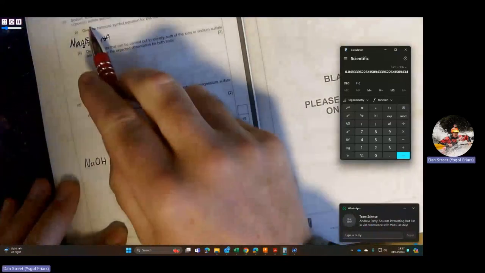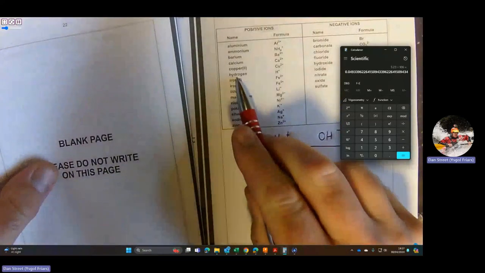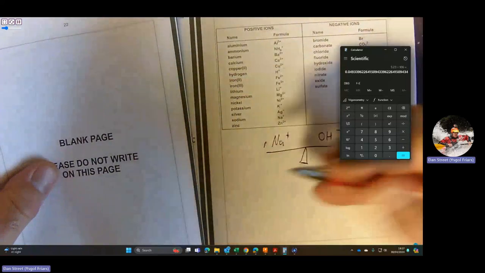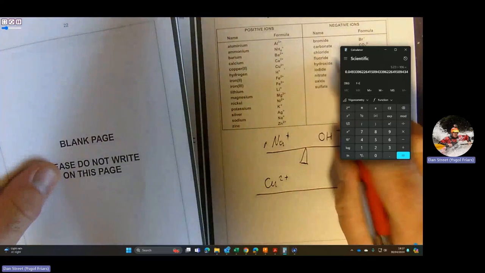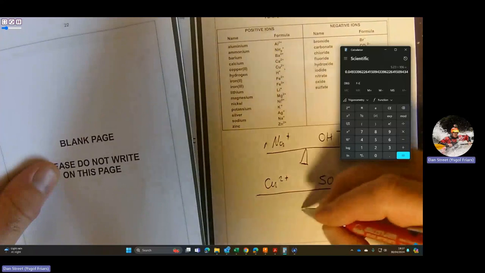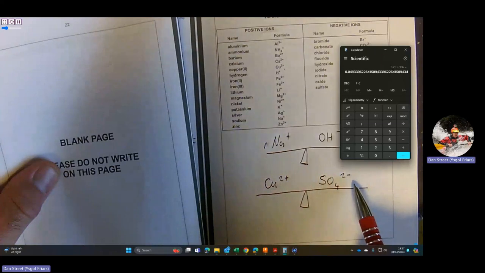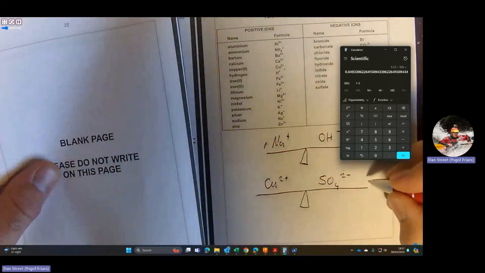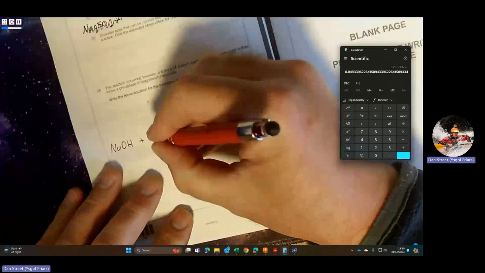And then it reacts with copper sulfate, which you again may be familiar with, but just in case, let's go to the back page. Copper is Cu2+, and the sulfate ion is SO4 2-. In our seesaw balance, we've got a 2 plus and a 2 minus, which cancel each other out, giving us the formula CuSO4.